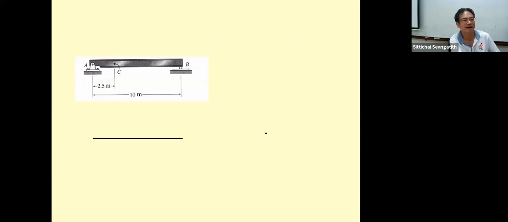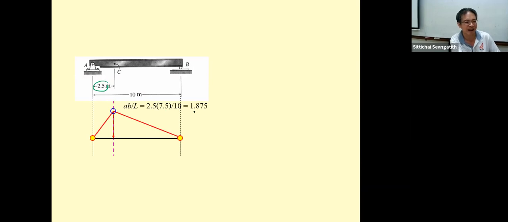And for the influence line for M sub C, just put everything and lift it up for AB over L. That is 2.5 times 7.5 divided by 10. So this is the influence line of M sub C. This time, the 2 kilonewton per meter will span along the length. And the point load is going to be placed over here.